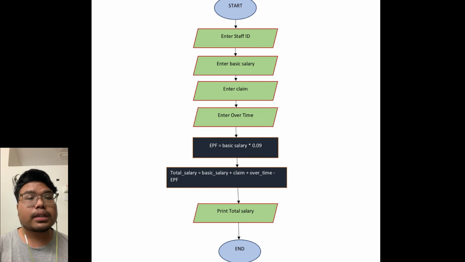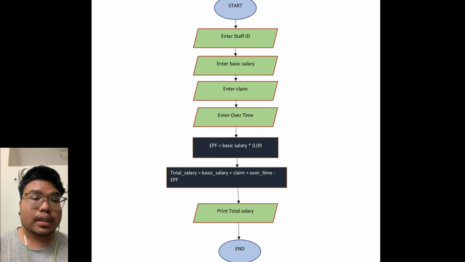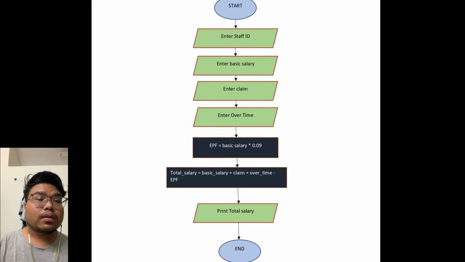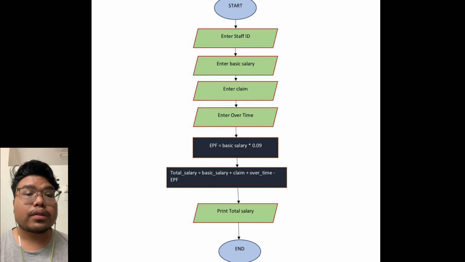And then here we have the flowchart, with all the symbols and shapes. From the start, we use the start symbol, which is a circle. And then enter staff ID, enter basic salary, enter claim and enter overtime. And then we have the process symbol for EPF: basic salary times 0.09.